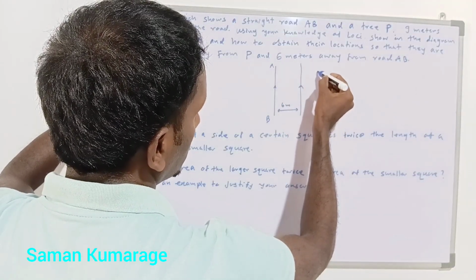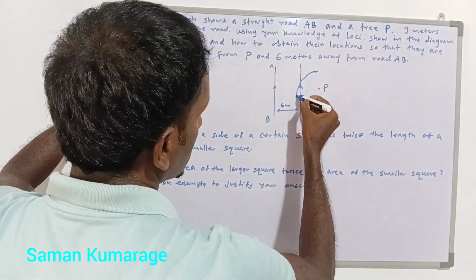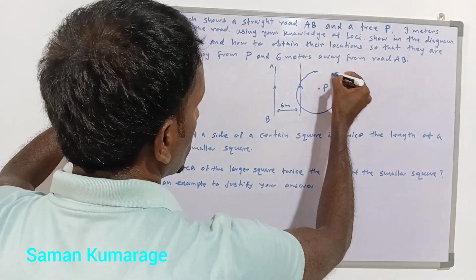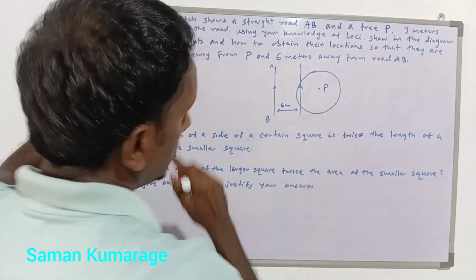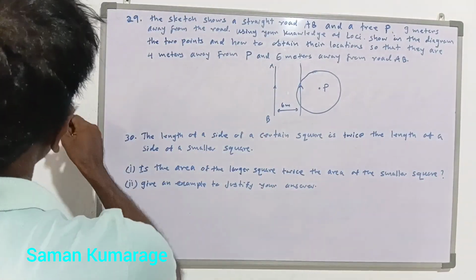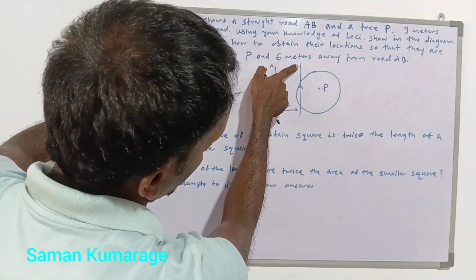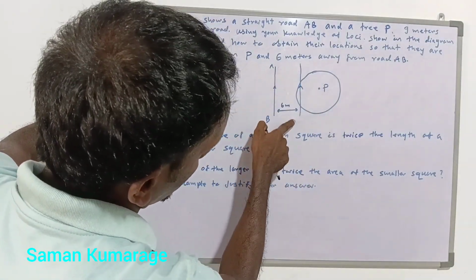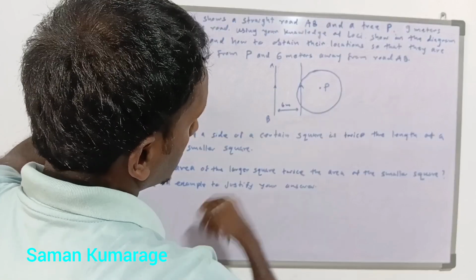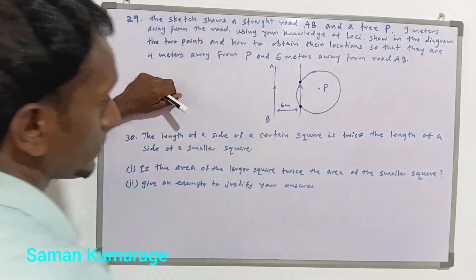So we can draw a circle like this. Then you can see that this straight line and this circle intersect at 2 different points.